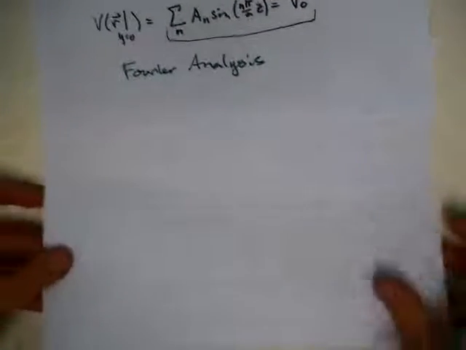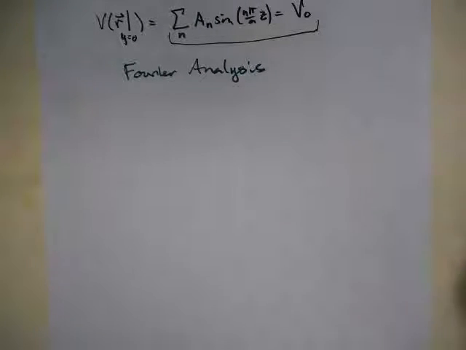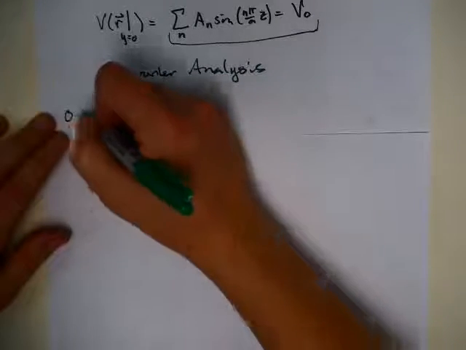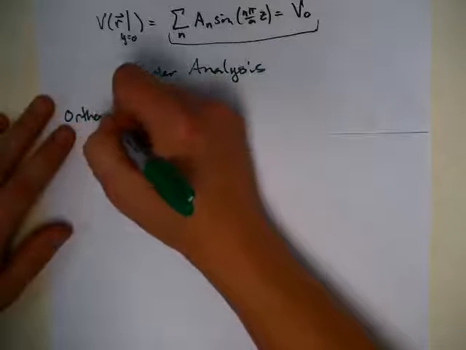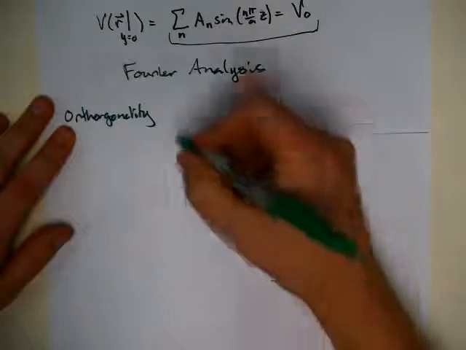So to start out, what we want to do is talk about one of the properties of these sine functions. We like the sine property called orthogonality. And that's this statement.